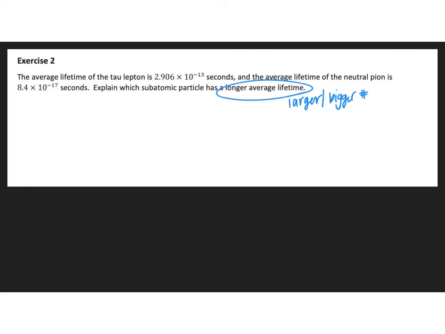Okay. And like I said before, we really don't need to look at these numbers. We don't need to look at our decimals unless we have the same exponent. If we have different exponents, that's all we need to know is which one of these numbers, in this case we're looking for the bigger one, is bigger, negative 17 or negative 13.